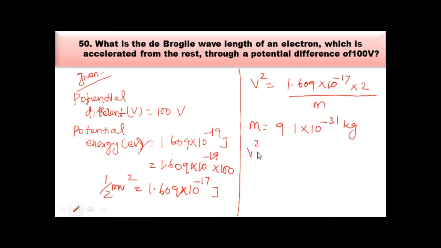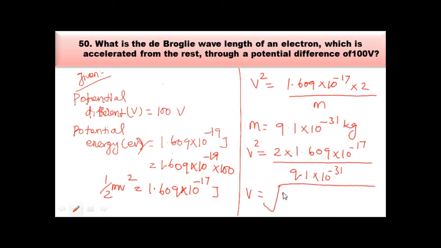So v squared equal to 2 into 1.609 into 10 power minus 17 divided by 9.1 into 10 power minus 31. So what is v? V equal to the root of 2 into 1.609 into 10 power minus 17 divided by 9.1 into 10 power minus 31.